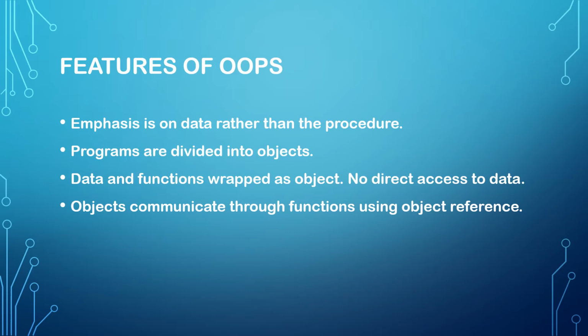The data cannot be moved freely from one object to another object. So they can communicate only through the functions. So here it provides high security to the data. So let us see some of the benefits of OOPS.